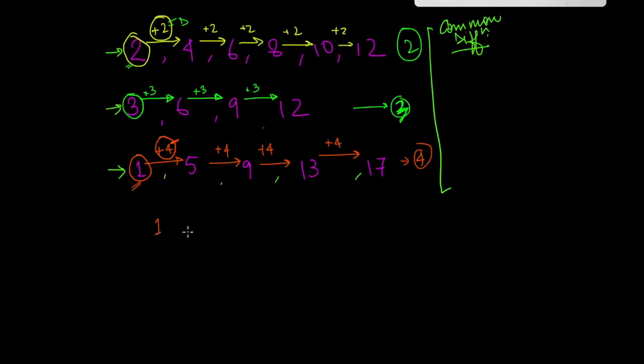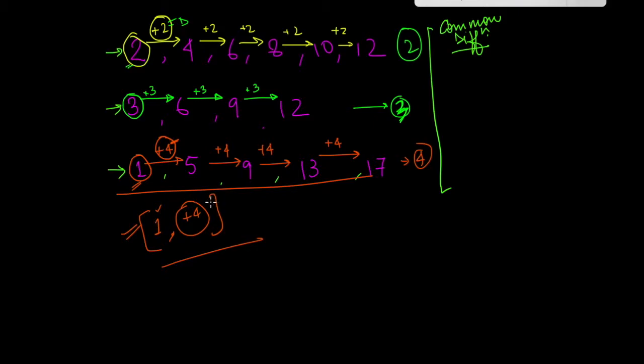If I know 1 and I know the common difference to be 4, then I basically have all the information for the sequence. I don't need to write them down explicitly. All I need to work with is this piece of information: the first number and the common difference. So that is the idea behind an arithmetic progression.